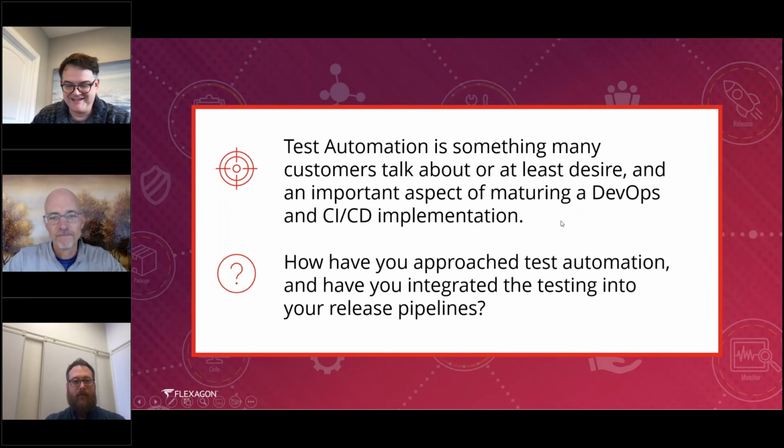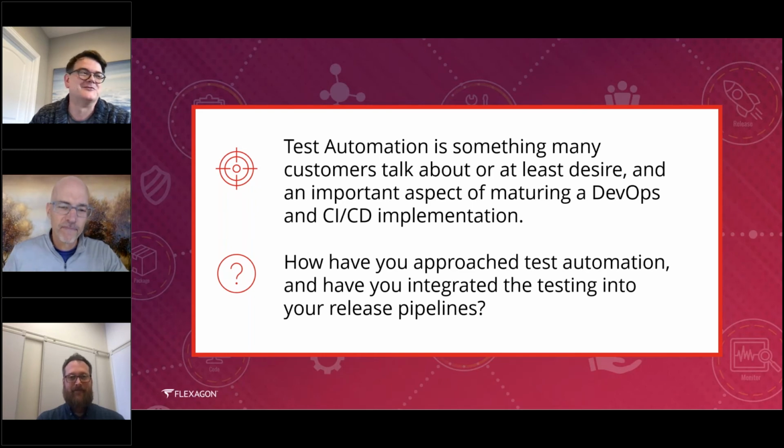Yeah, I mean, test automation has always been one of these things where whenever you have things that fall through the cracks, right? Why are we not doing more testing? Why did this go through? Why are we not automating the testing? And there's a lot of reasons why it's not being done.